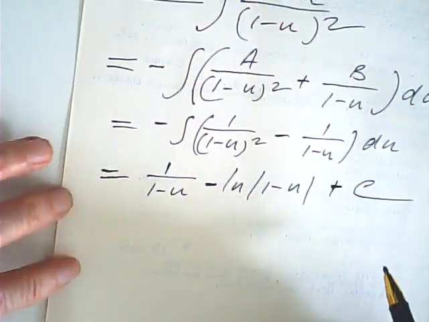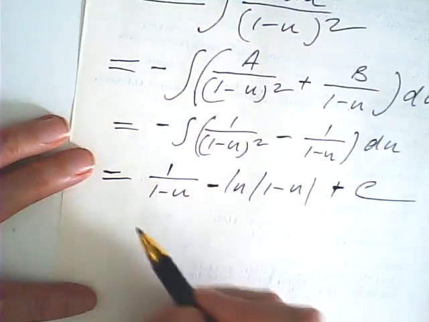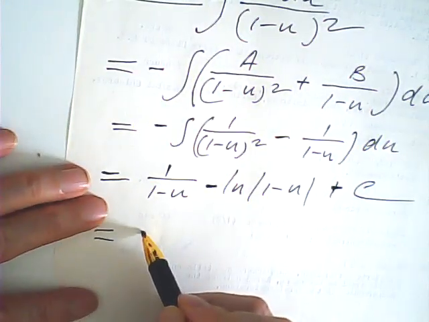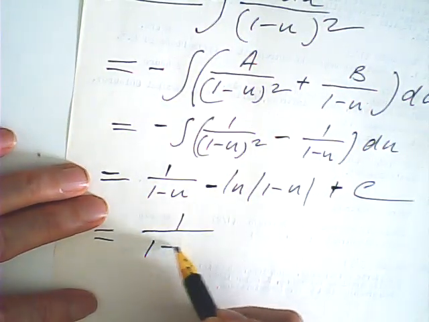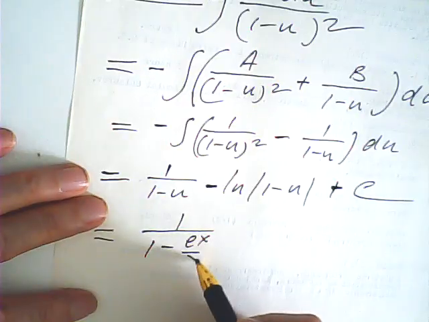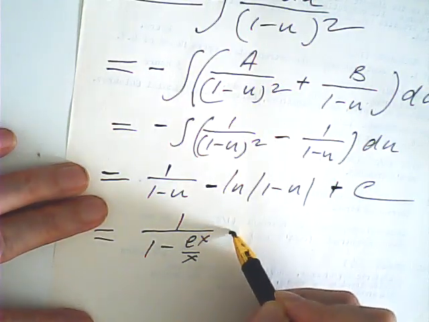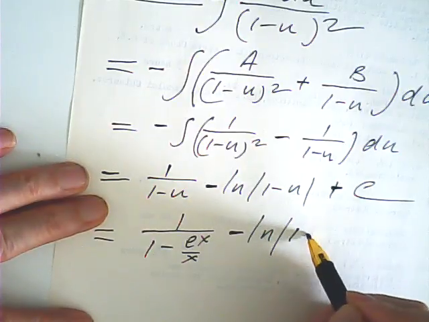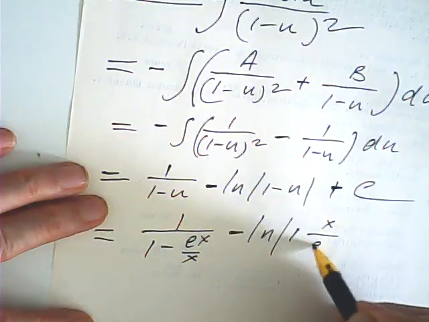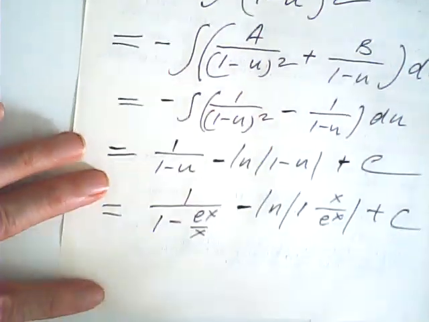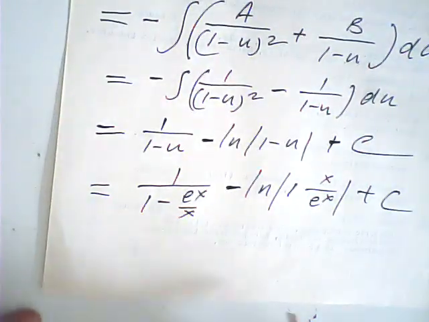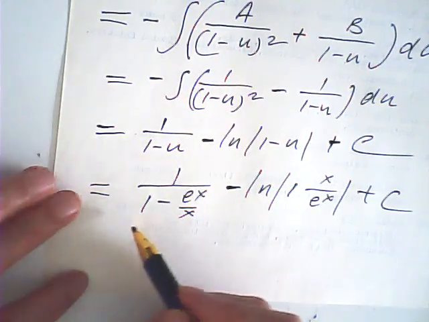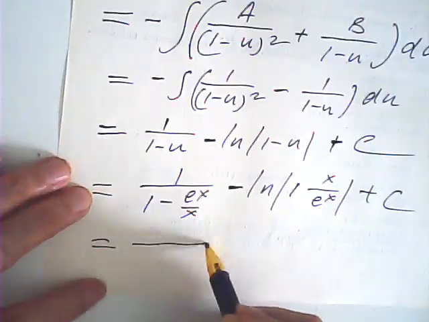Yeah, and then you replace. This becomes 1 minus e to the x over x, minus natural log of 1 minus x over e to the x. And then you simplify.